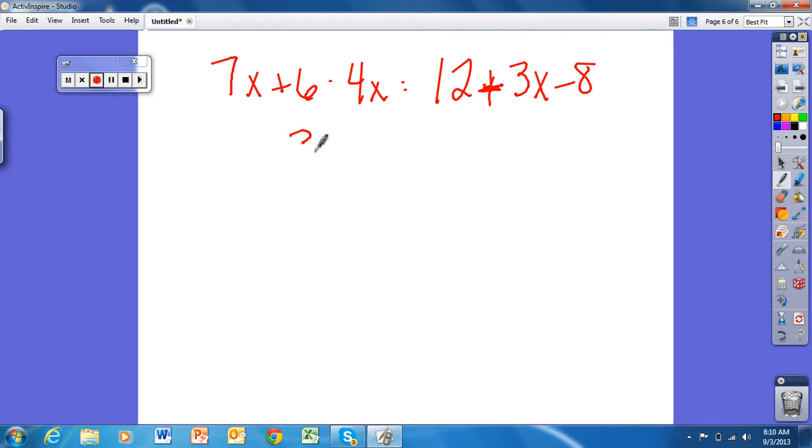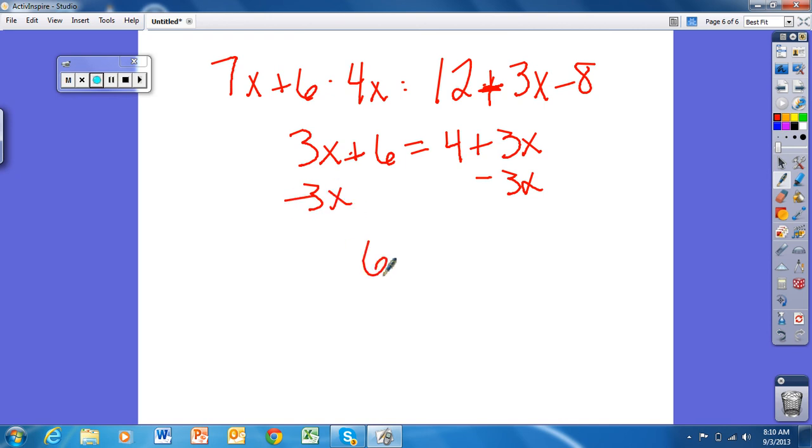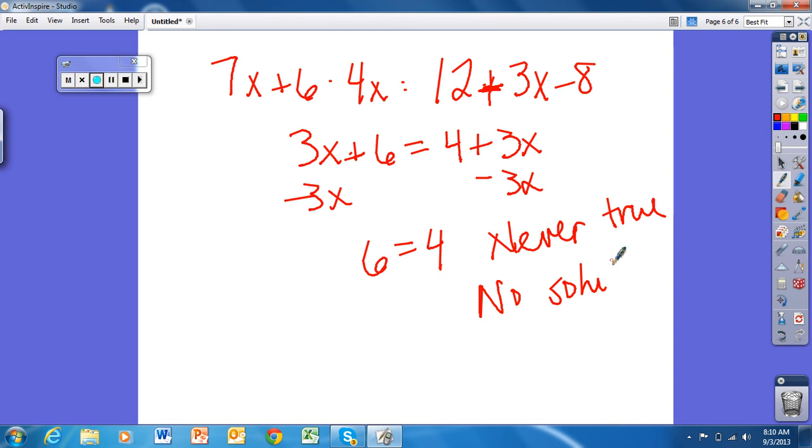Well, what you get on the left is 3x plus 6. And what you get on the right is 4 plus 3x. When I subtract 3x from both sides, I get 6 equals 4. This is never true. So my answer would be no solution.